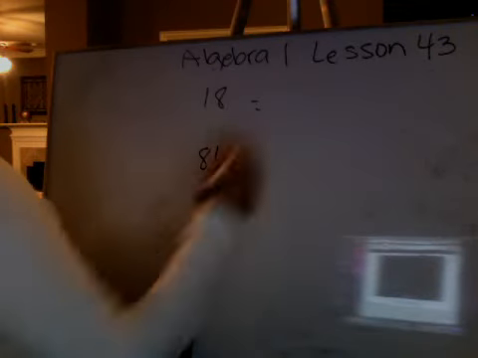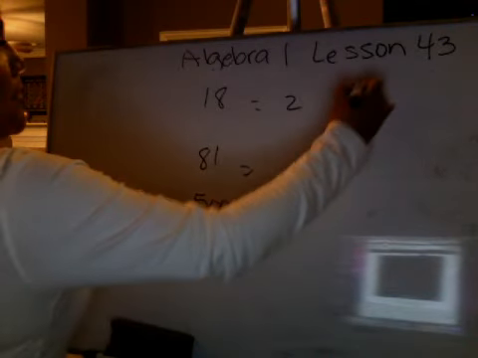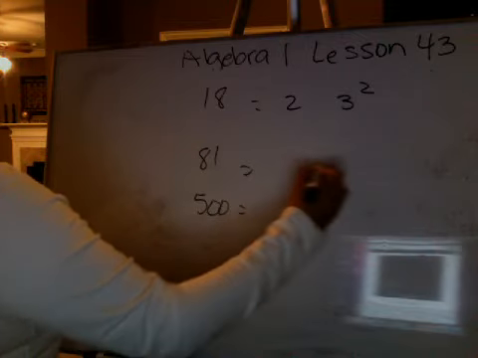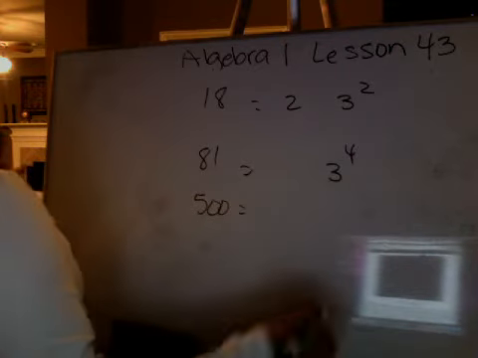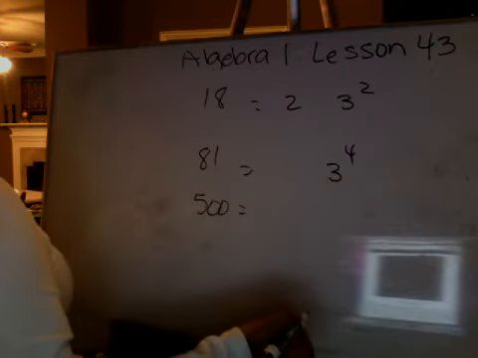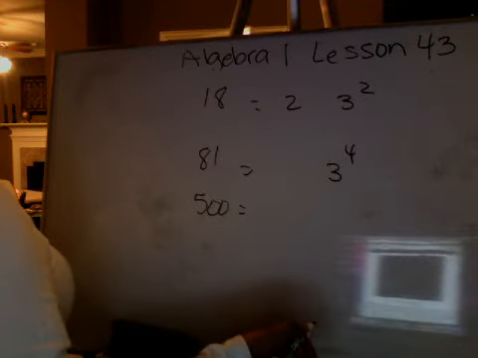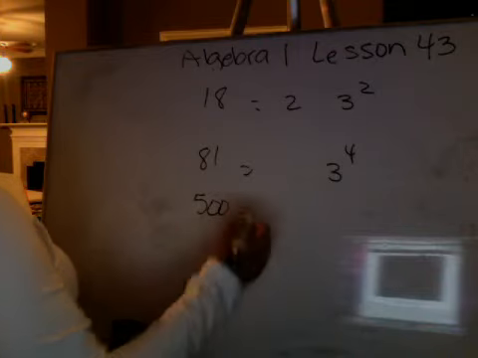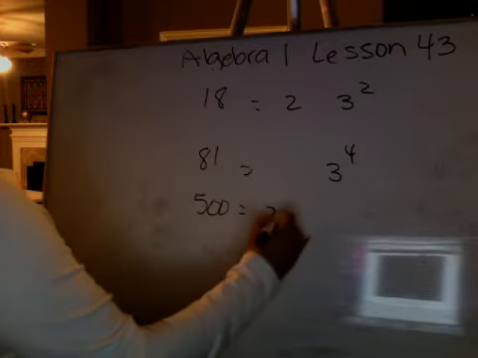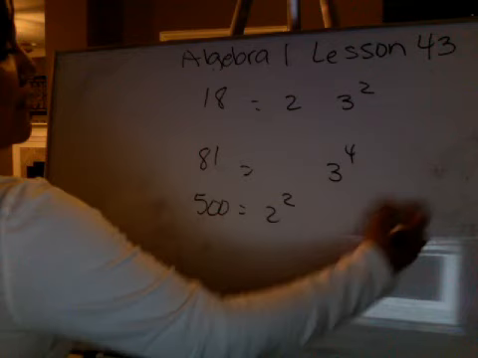So 18 is the same thing as 2 times 3 squared. 81 is the same thing as saying 3 to the 4th power. Right? 9 times 9, 3 times 3 times 3 times 3. And then 500 is the same thing as saying 2 squared times 5 cubed.